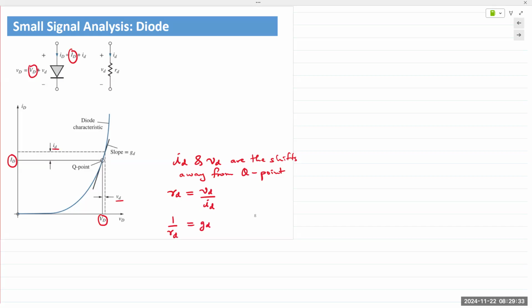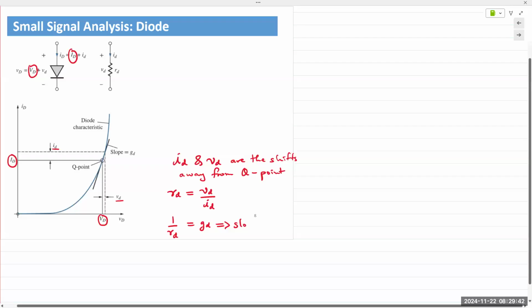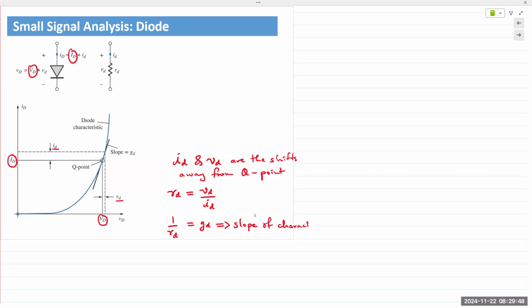And that graphically is the slope of the characteristics. The small linear portion. Okay, that's the slope of the characteristics.